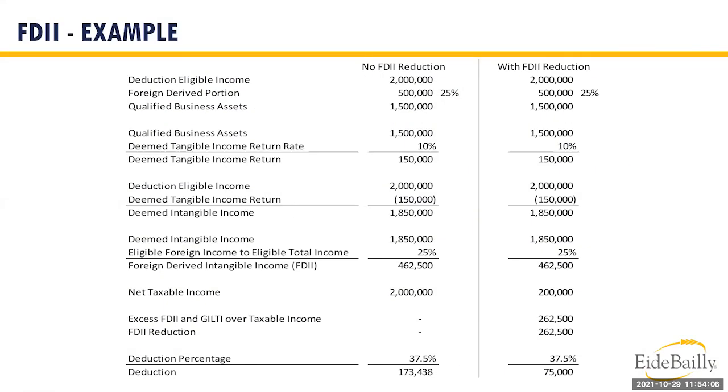As you can see, the difference between the two columns shows the reduction in the benefit. Net taxable income on the right is 2 million.